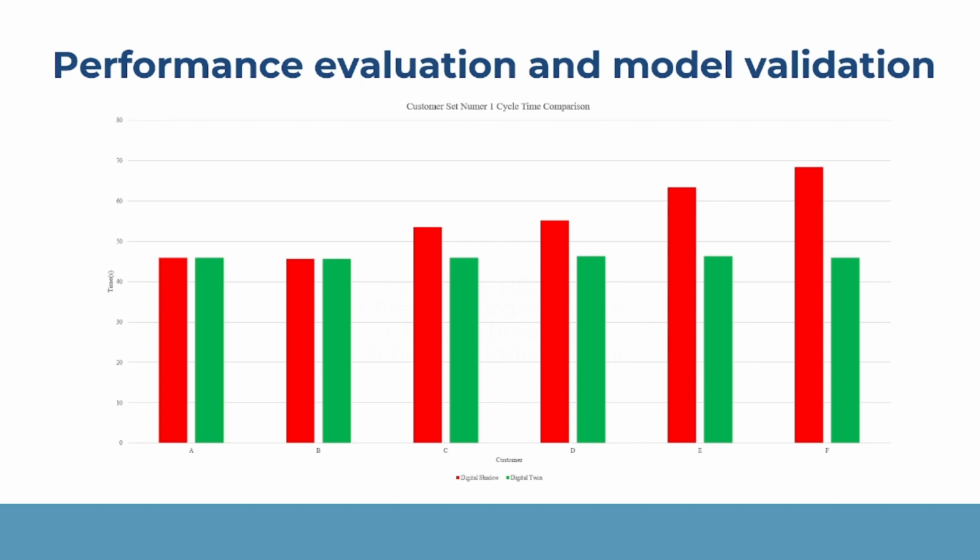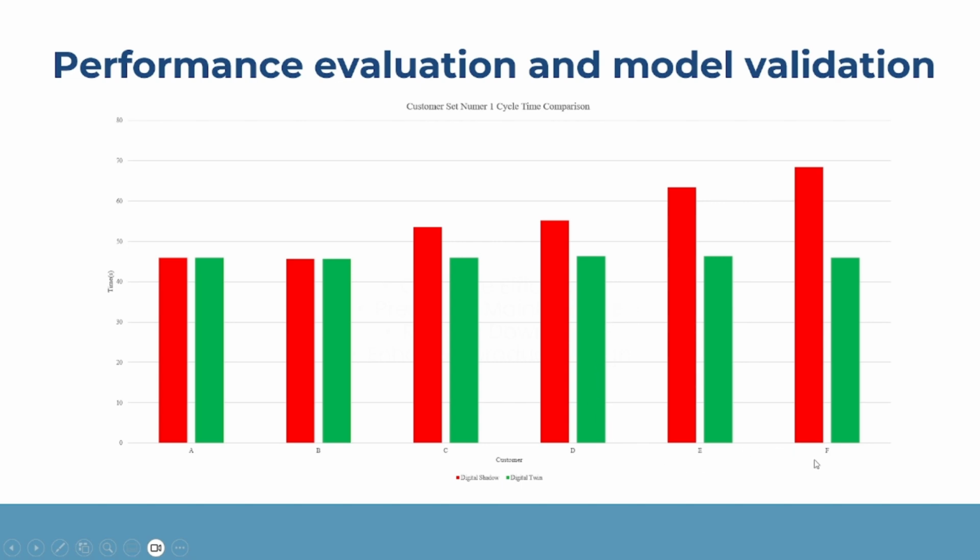This is because the digital shadow doesn't have the luxury of real-time data or live inputs. So in the digital shadow, you have production pauses just to give the operator some refilling time, while in digital twins, there's no need because the operator can refill while production is ongoing, as they have that digital twin dashboard which is in real time.